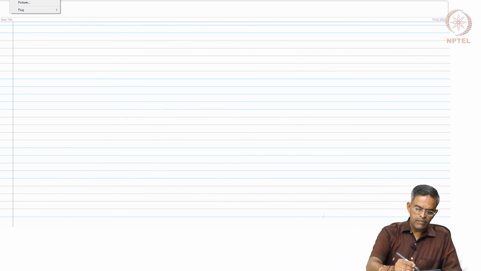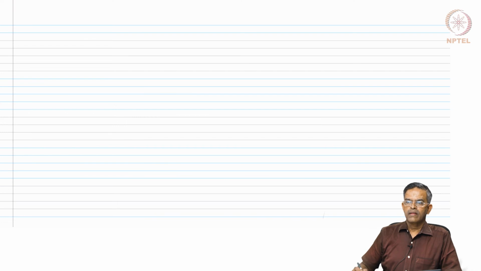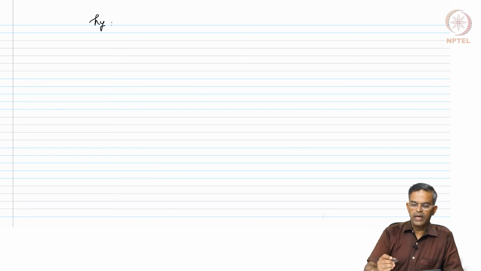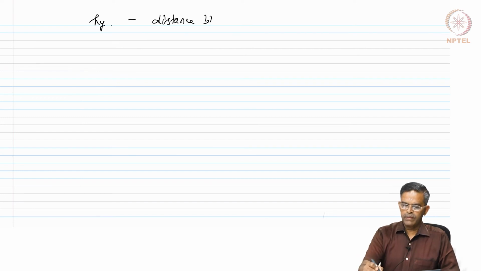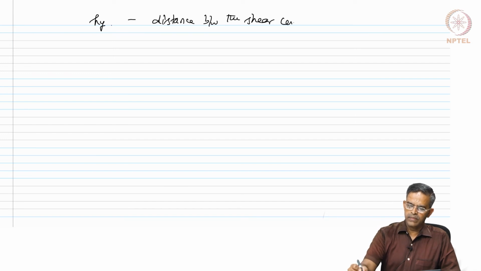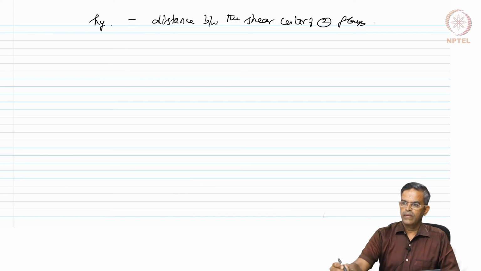Having said this, let us now find what is hy, which is actually the distance between the shear center of two flanges of the cross section.